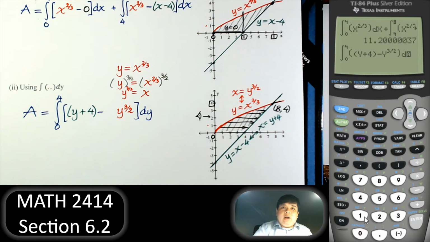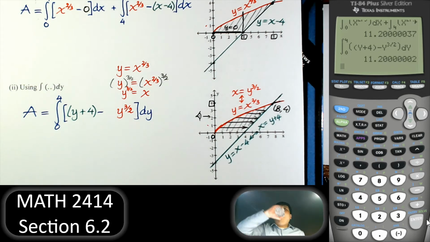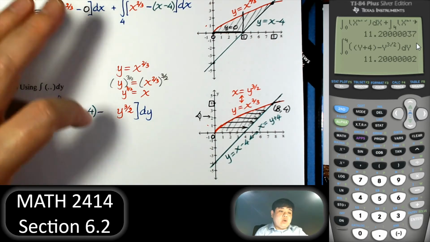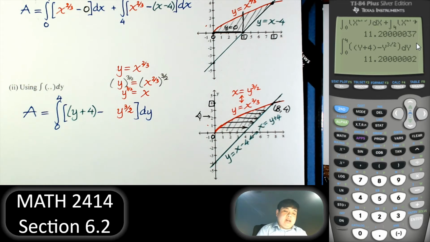The variable is y. As you see, they should be the same, except for the calculating error here. So whether we set it up like that or that, we should get the same area.